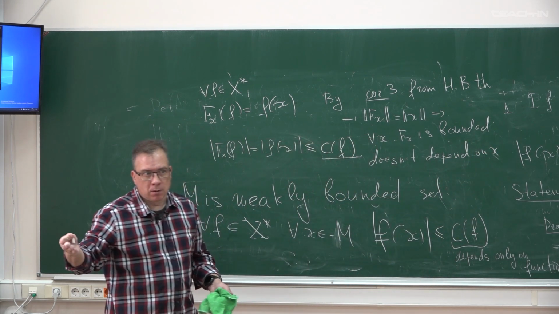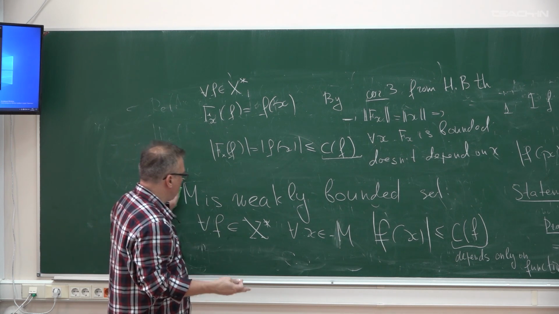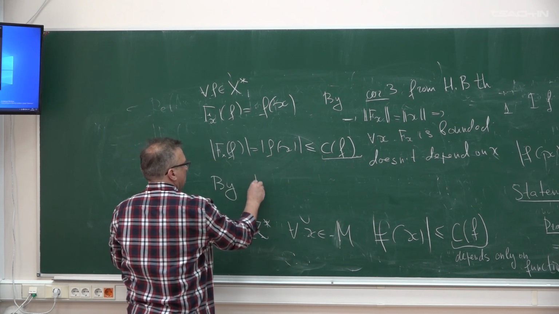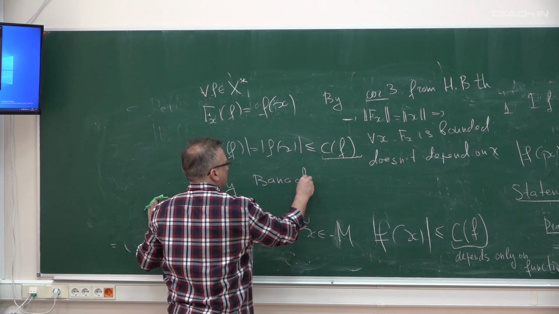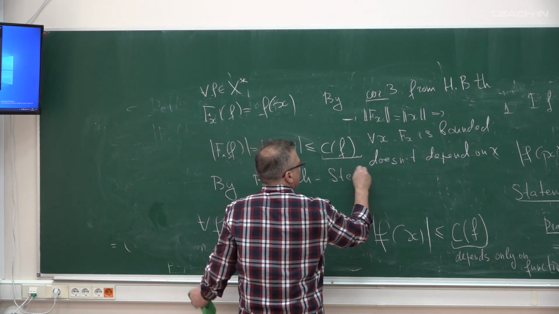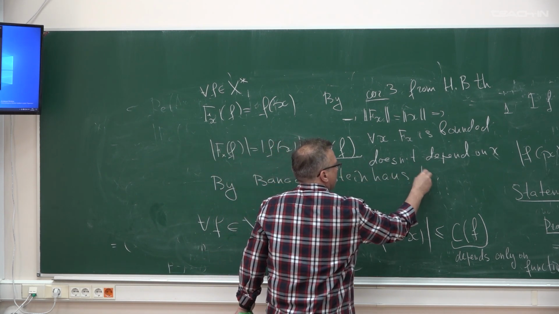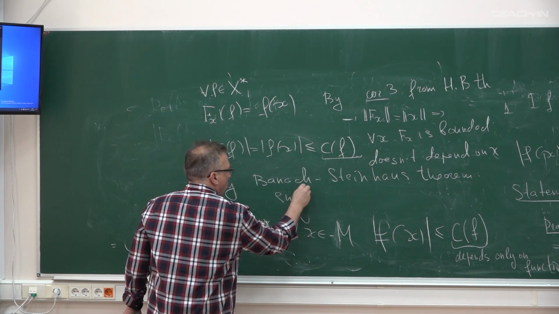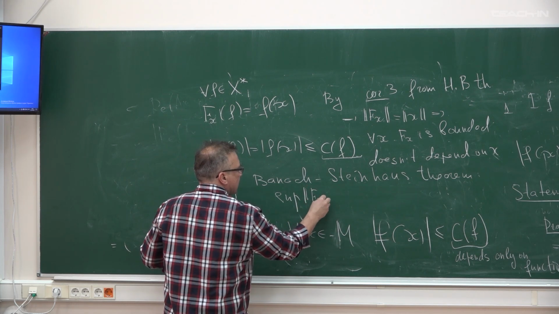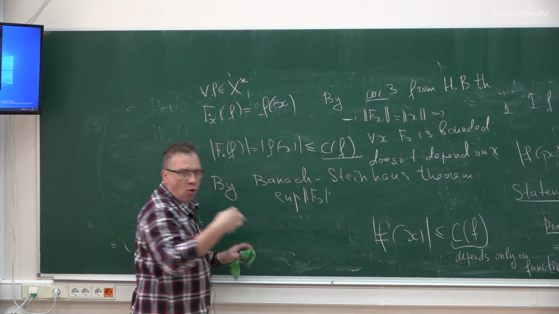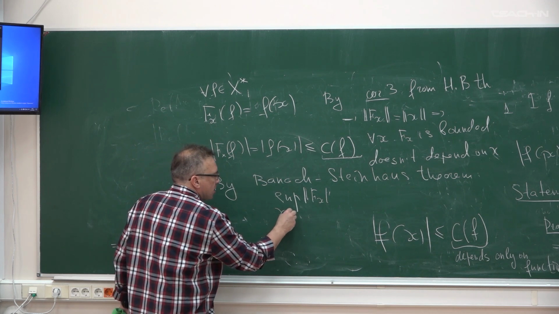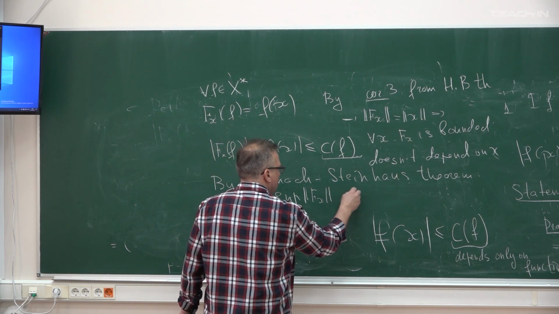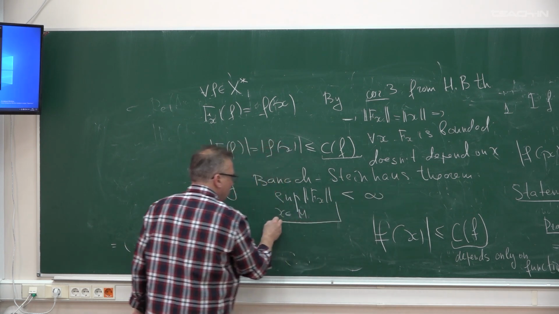So by the Banach-Steinhaus theorem, what can you conclude? By the Banach-Steinhaus theorem, the supremum of the norm of f_x over the set of indexes, where the indexes are from M, is less than infinity.